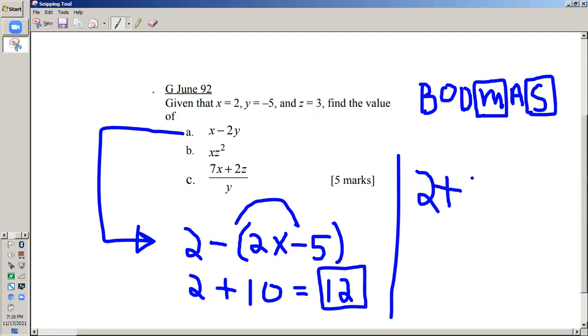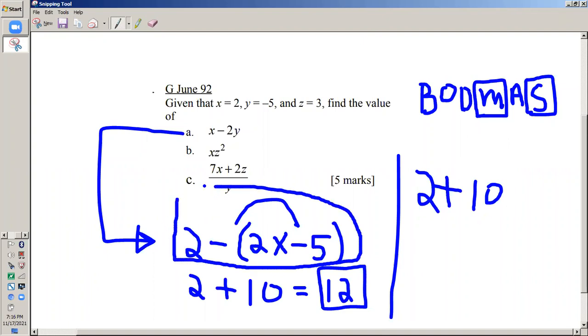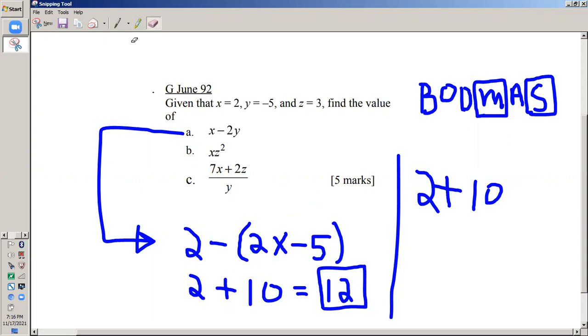Yes, sir, but remember you have a plus sign there and the negative takeaway, so that will become the plus. So that's how I come up with the 12. So you have 2 plus 10. Yes. So you didn't write this top part, but that's what you did mentally. Yes, I didn't write it.